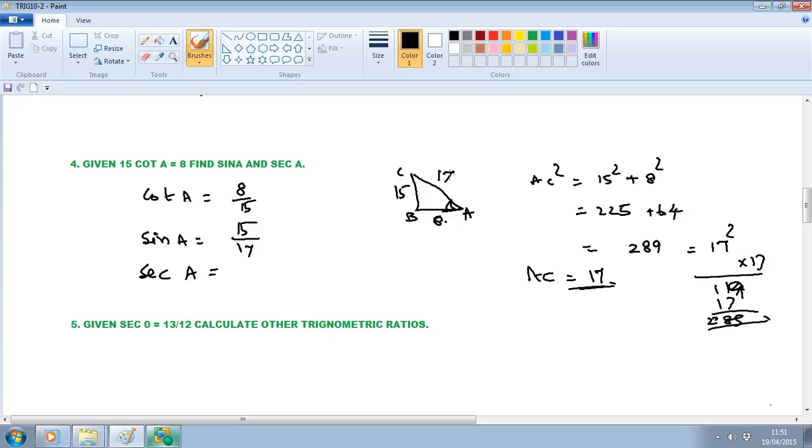Secant is the reverse, so secant A is 17 by 8, that is hypotenuse divided by adjacent. Please repeat this problem. I'm trying to find out whether any of the ratios have gone wrong, and you will try to verify. You have to tell me whether all the ratios are correct or not.